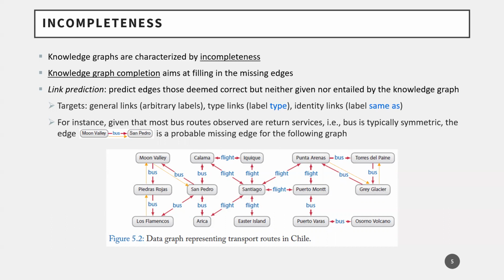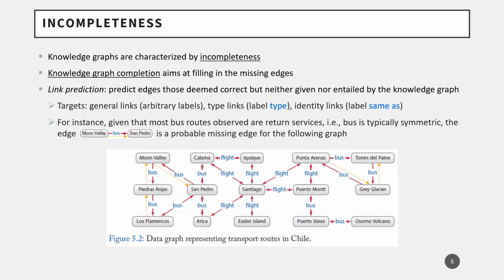The task of link prediction is to predict edges that are deemed to be correct, but not given intent by the knowledge graph. The targets can be geo links with arbitrary link labels, type links with label choice, or identity links with label same as. Let's take an example.